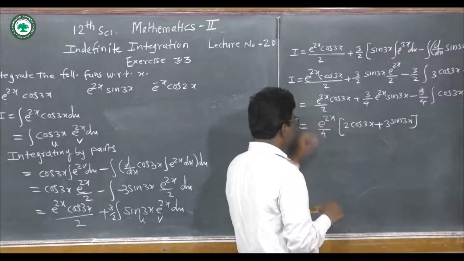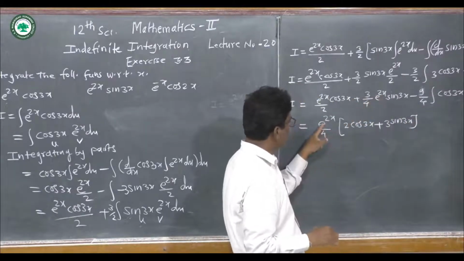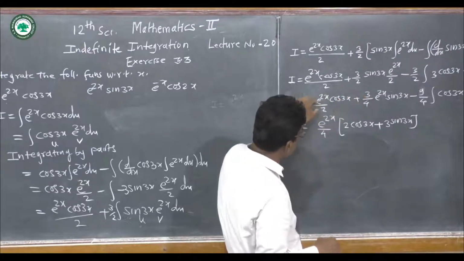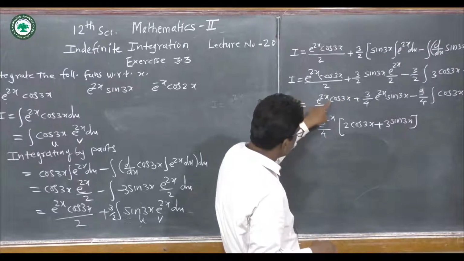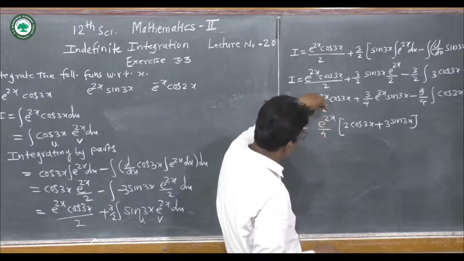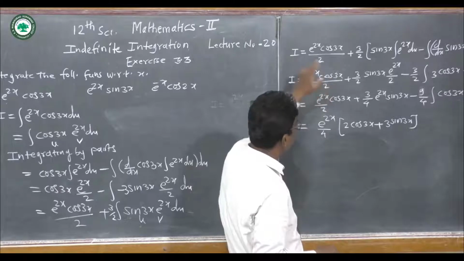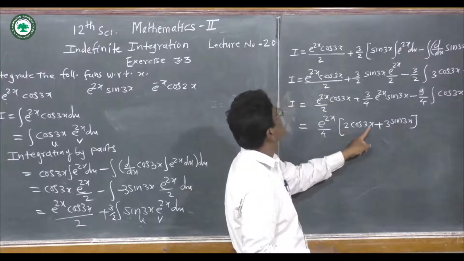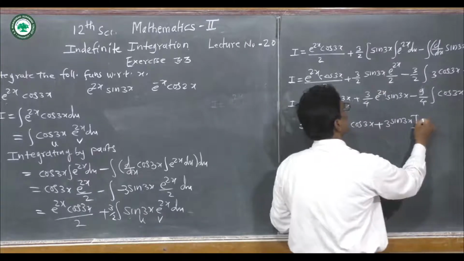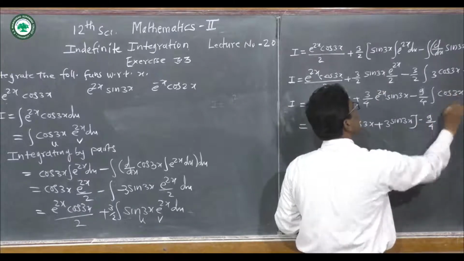See here e to the power 2x is common, and here this 1 by 2 and 1 upon 4, we take 1 upon 4 common. So here we have to multiply by 2. So 2 2s are 4, 2 into 2 is 4. So we multiply numerator by 2. So here 2 into cos of 3x plus 3 into sine of 3x, and this minus 9 by 4 into this is I.